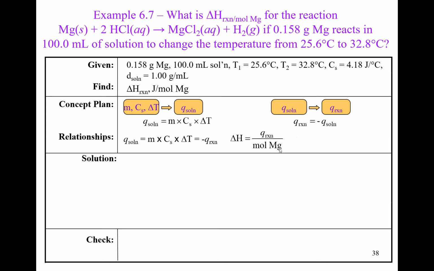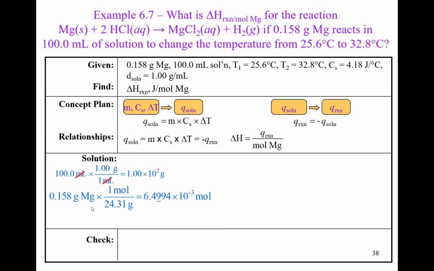Then our last step is just to divide that heat by the number of moles. All right, they didn't explicitly mention it, but the density's 1, which means 100 mLs is 100 grams. We'll need the moles at the end.